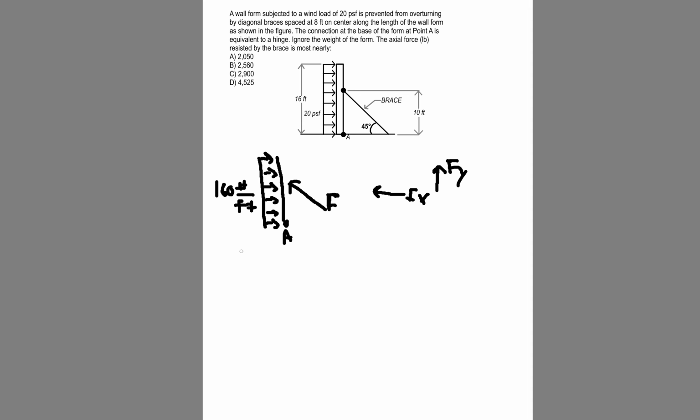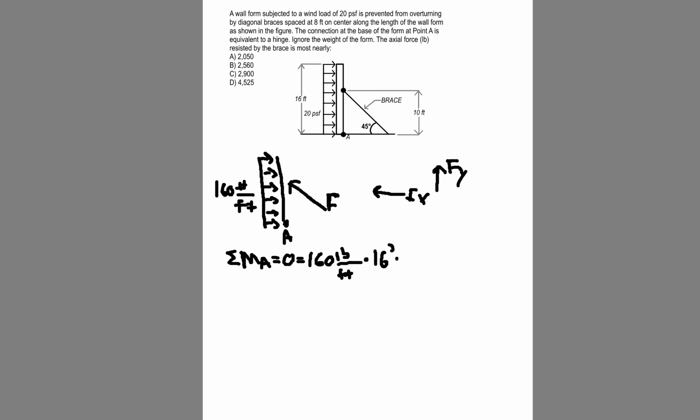So if we want to figure out what this unknown force Fx is, what we can do is just sum the moments about point A. And that's going to be equal to 0, and it's going to be equal to our 160 PLF that's acting over the full height of 16 feet.